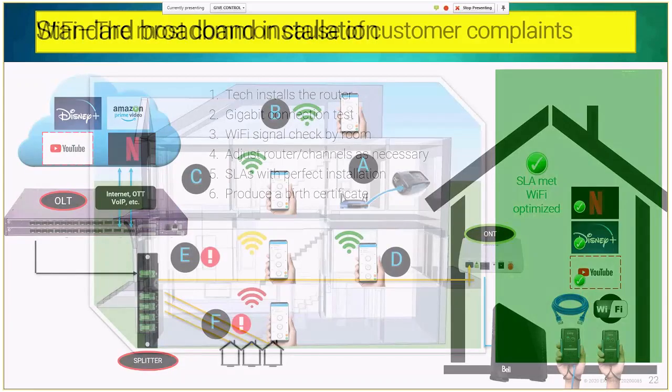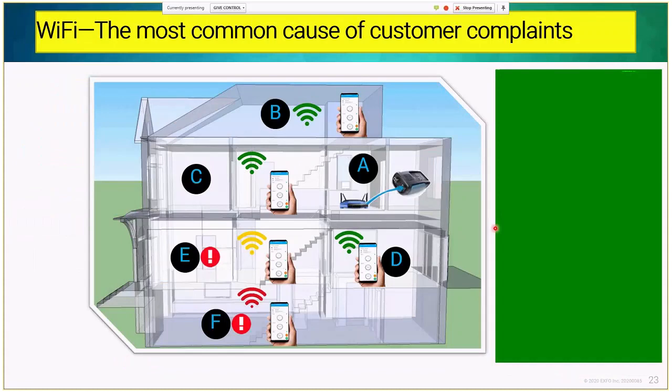So if you have a big house or a big enterprise building, the EX1 also allows you to go to location A that we have here, near the router, and make recommendations for the customer.